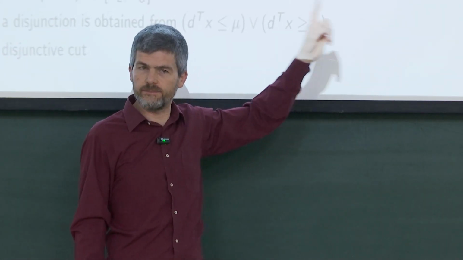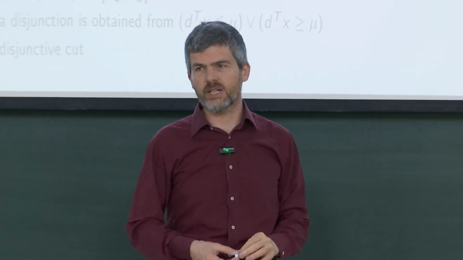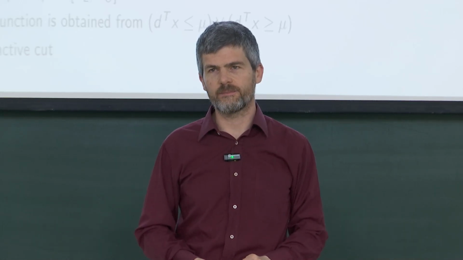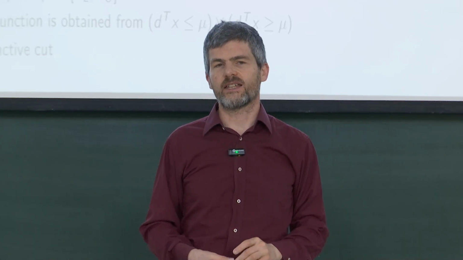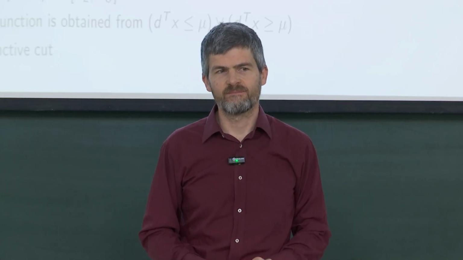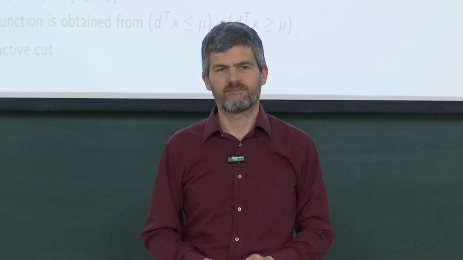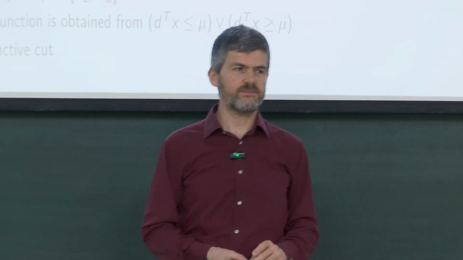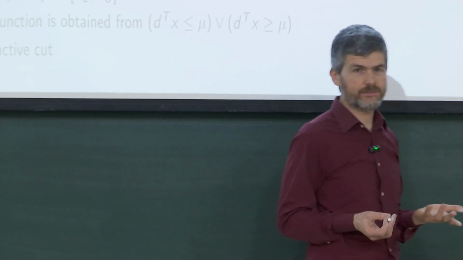What could we do in here? You remember yesterday what happens in the branch and bound when you have a non-convex set, a non-convex constraint that is not satisfied at equality. There was a similar picture there. You branch, right?